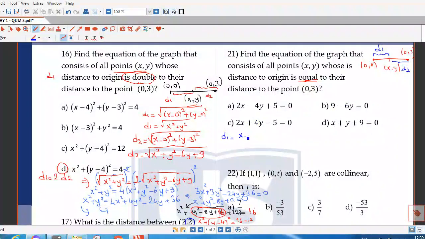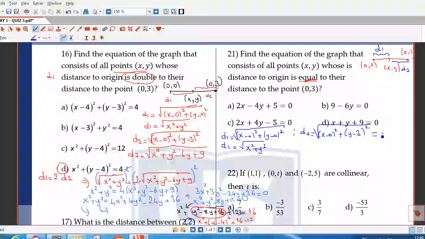D1 is the square root of x minus 0 squared plus y minus 0 squared. So D1 is going to be the square root of x squared plus y squared. If I find the other distance, D2, it is the difference of x coordinates squared plus the difference of y coordinates squared, y minus 3 squared, with a square root.